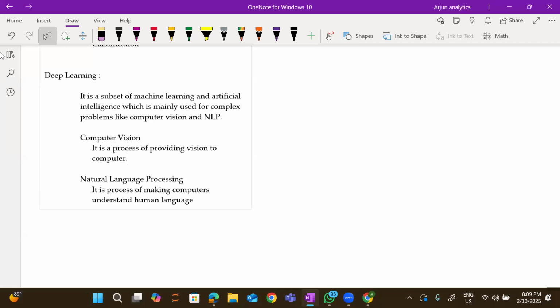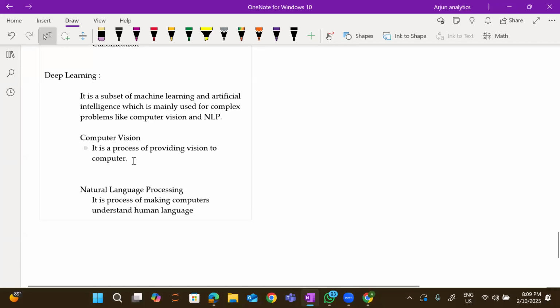Now, how do you give vision to the computer? With the help of CNN and GANs. All these things we are going to use to provide the vision. Now, what is natural language processing? Making my computer understand human language.